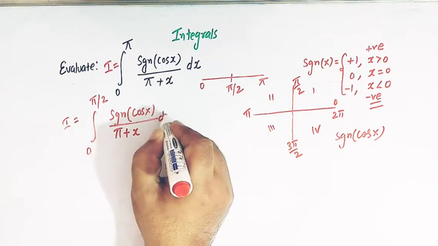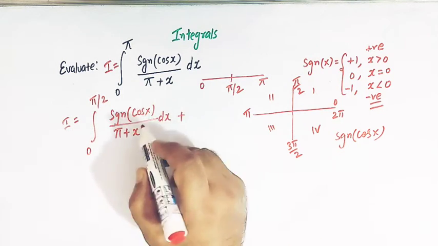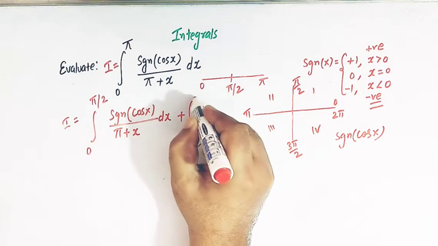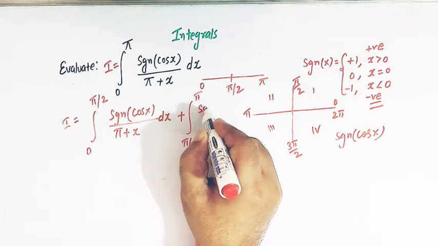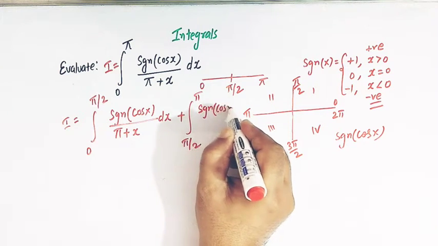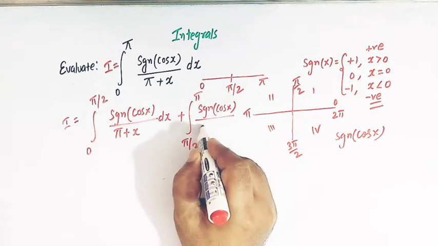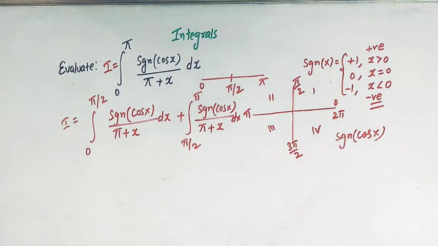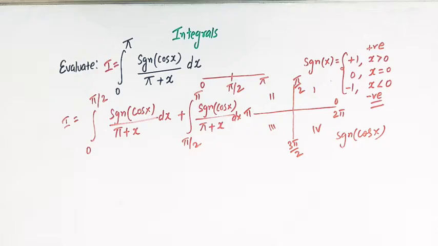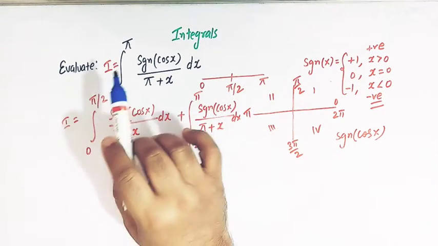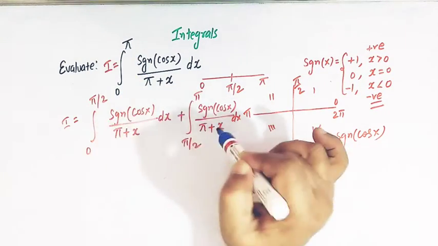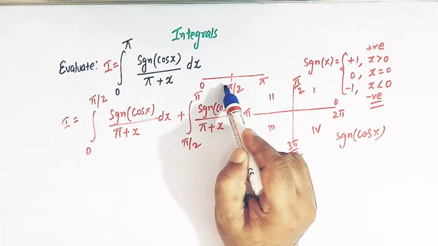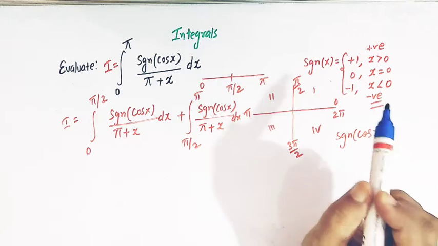The second integral is from pi by 2 to pi, with signum of cos x divided by pi plus x dx. The breaking point is pi by 2.